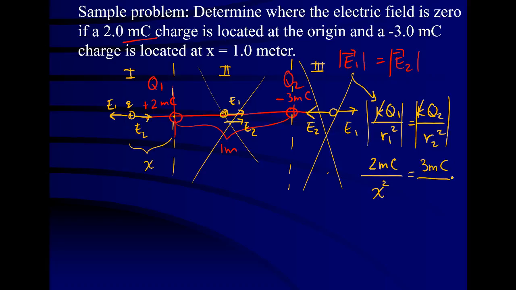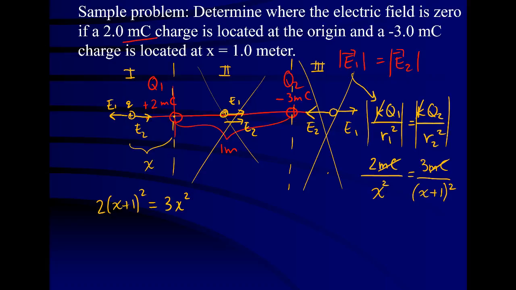We've already used our diagram to establish direction. Our distance will be x plus 1 squared because we're starting at Q2. So the millicoulombs will cancel, and then we just need to solve 2 over x squared equals 3 over (x plus 1) squared.